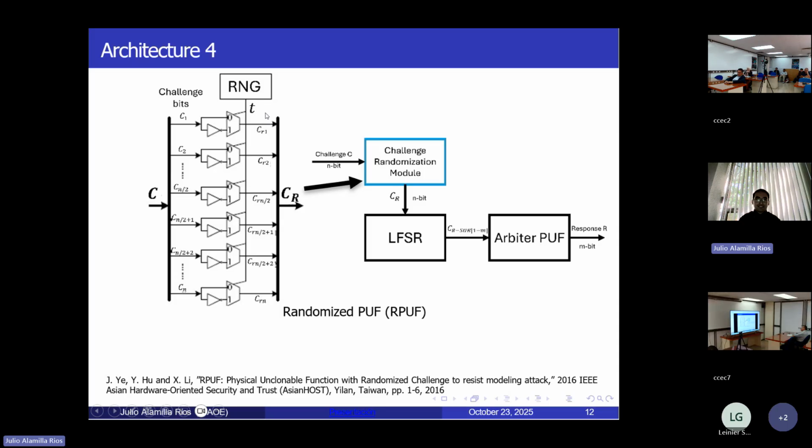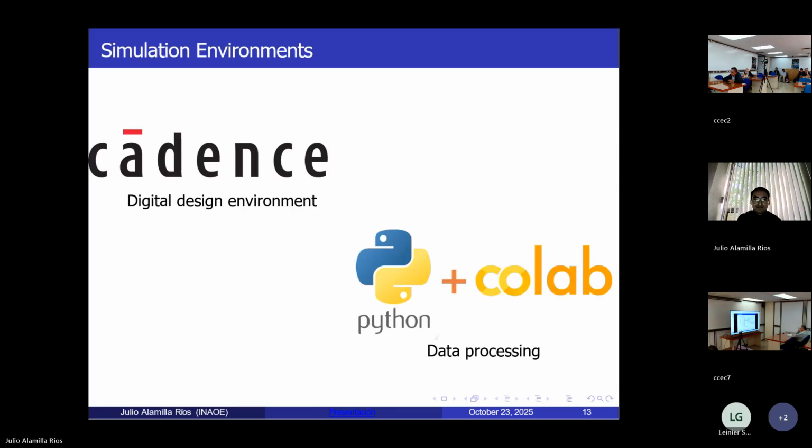The architecture consists of three main blocks: a challenge randomization module controlled by the RNG, an LFSR register that expands the response into multiple bits, and an arbiter PUF responsible for generating the final response.